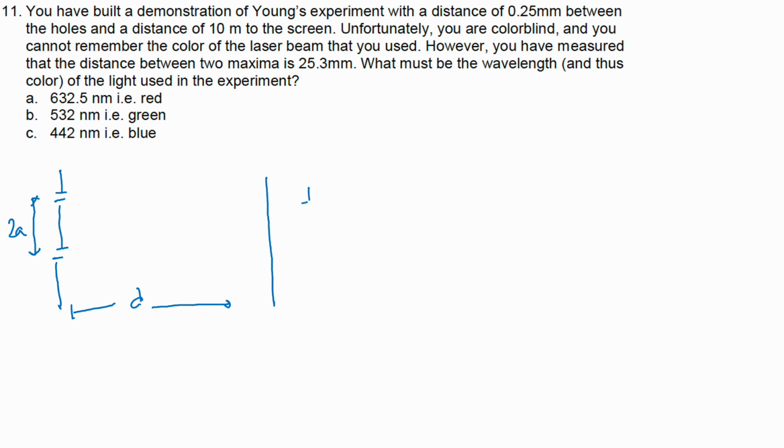If this is the Young experiment, then we have 2 times the initial intensity of each slit, times 1 plus the cosine of 2 pi over lambda, 2a over d, x, assuming that this is on our x direction.